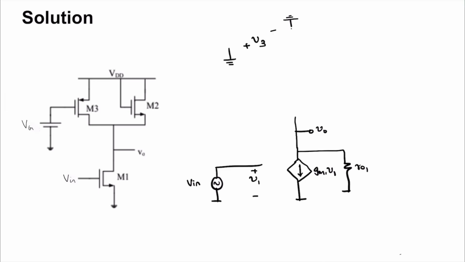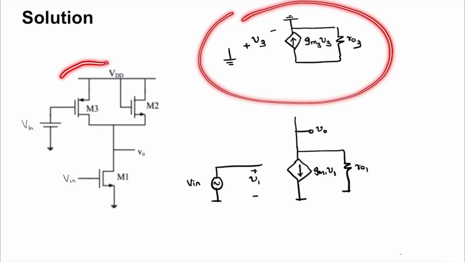And we have the current source for M3, which is gm3 V3 in parallel with ro3. This is the small signal equivalent of this.